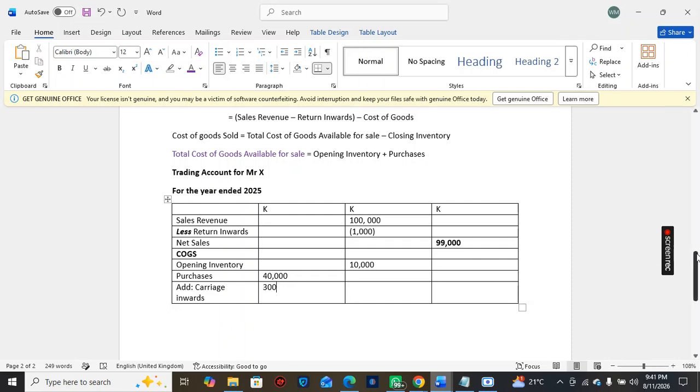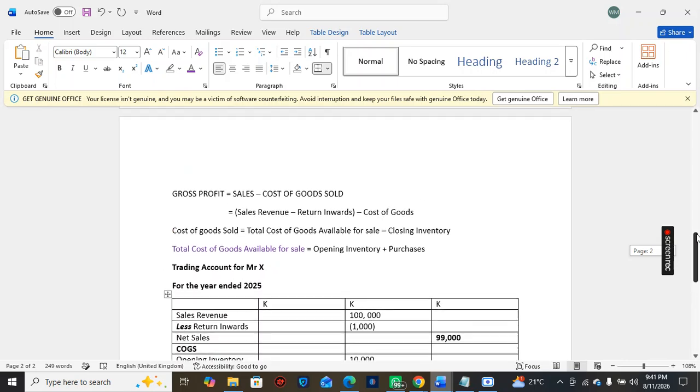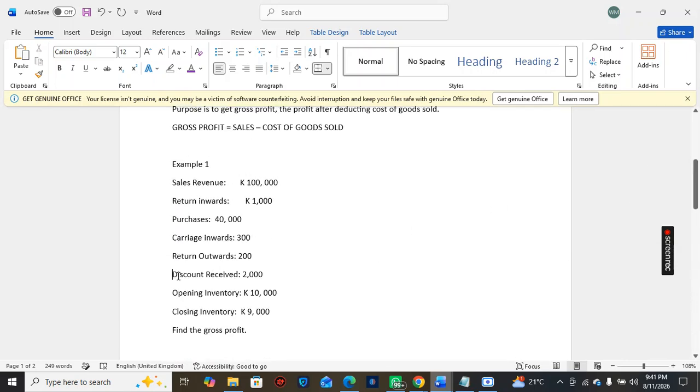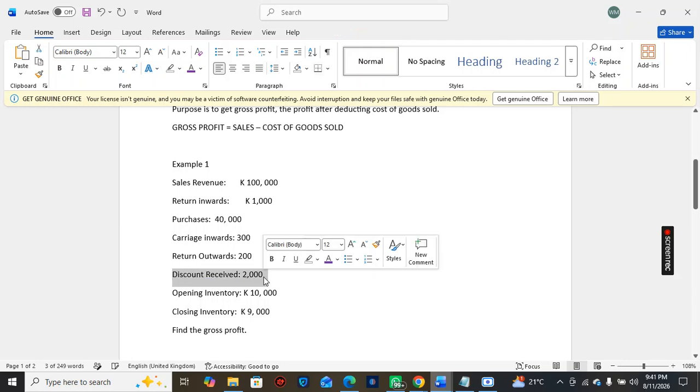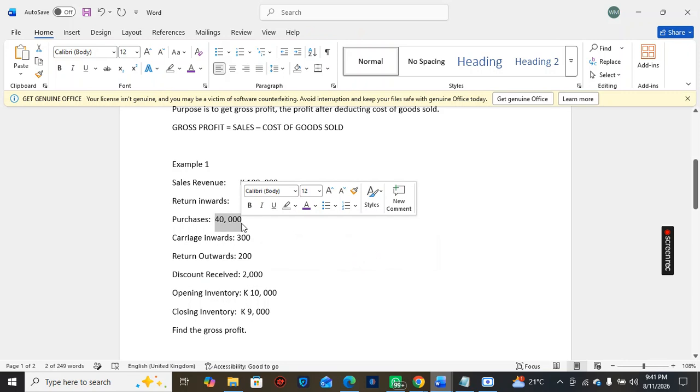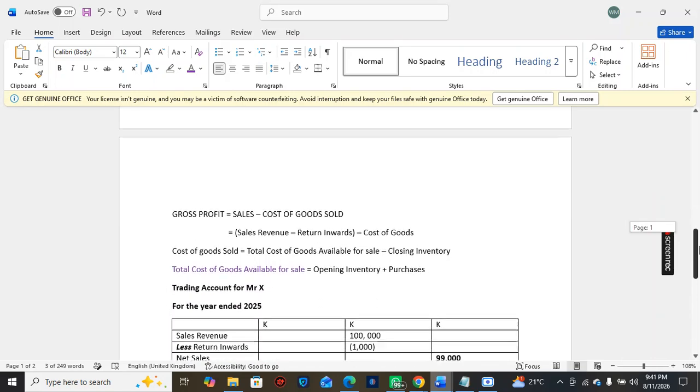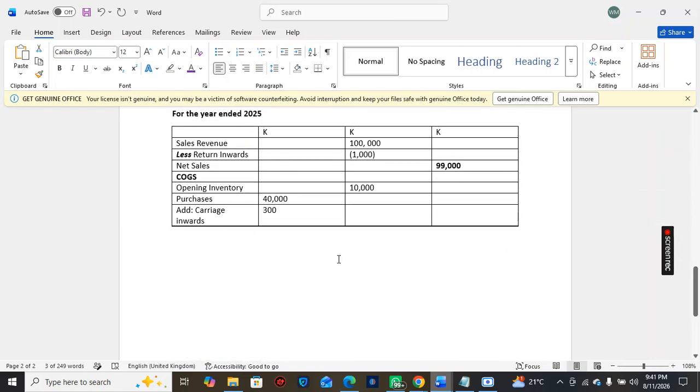Now, apart from that, you are also given a discount by the supplier. When you purchase this cement with 40,000, you are given a discount over 2,000. So you're going to say less discount received. So you purchase cement worth 40,000.